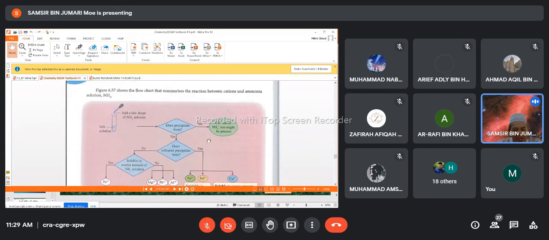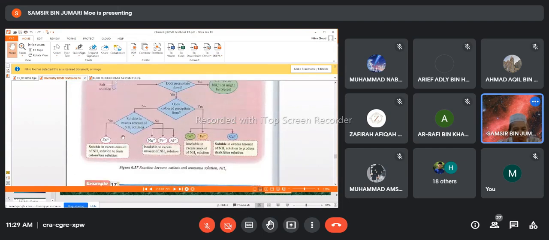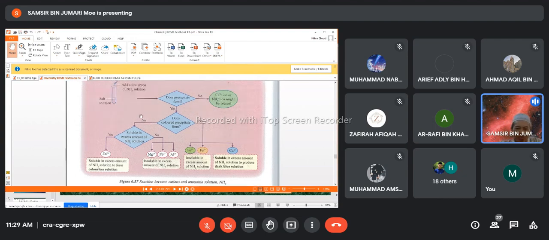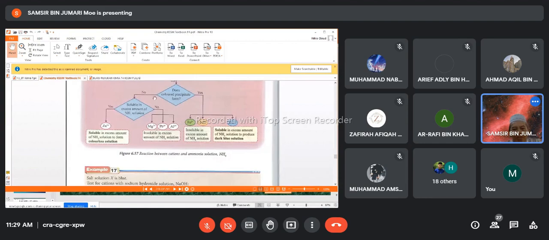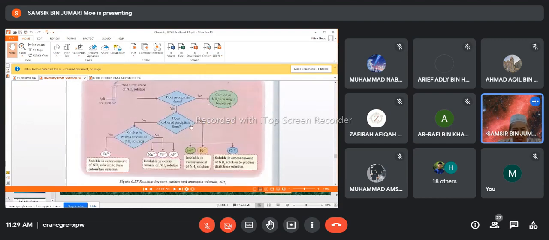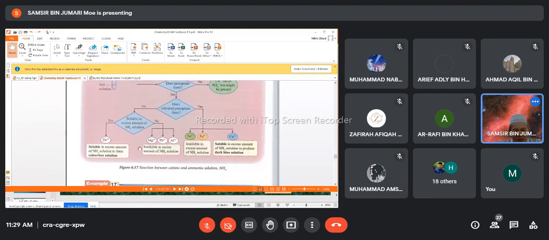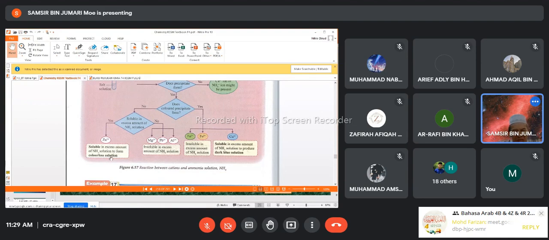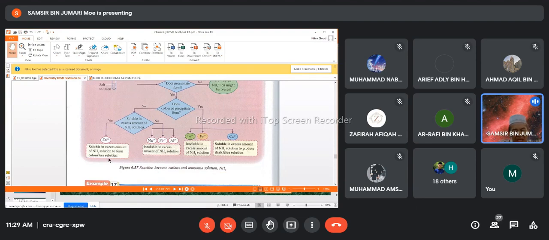Using the ammonia aqueous solution, we can distinguish, okay, between zinc ion from the rest of the ion. Okay, by using the ammonia aqueous solution, if the salt solution consists of zinc ion, okay, the white precipitate will be formed and soluble in excess ammonia aqueous solution to form the colorless solution.